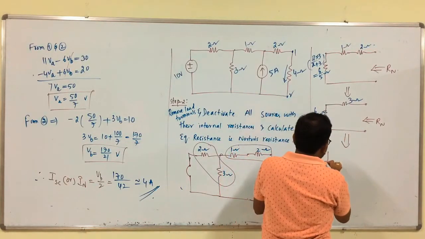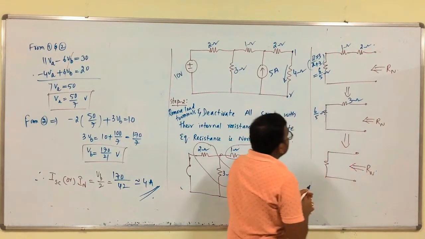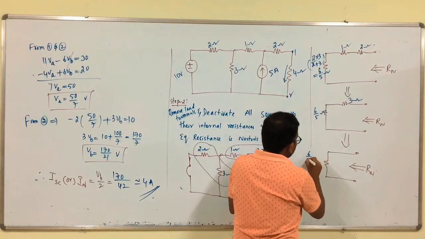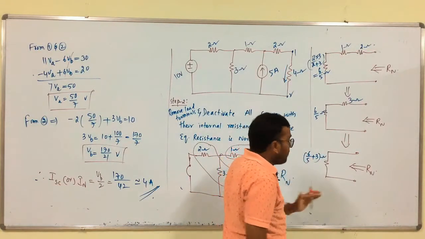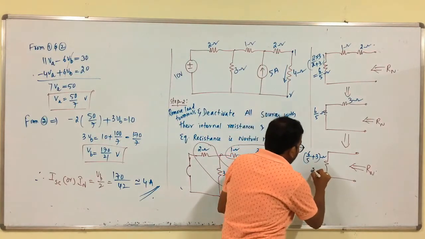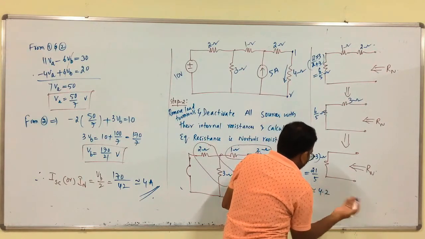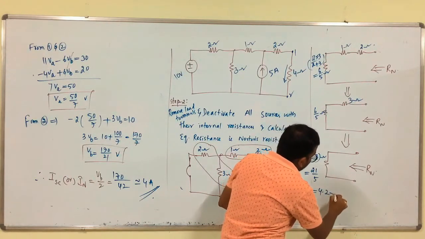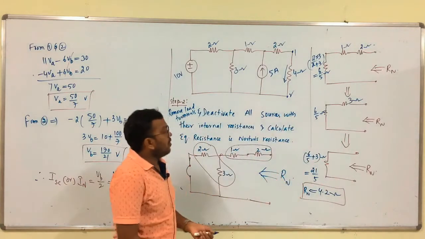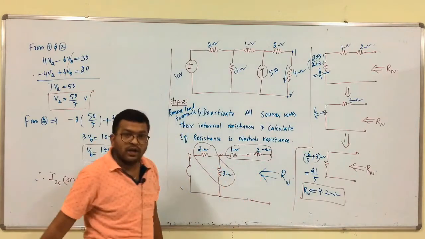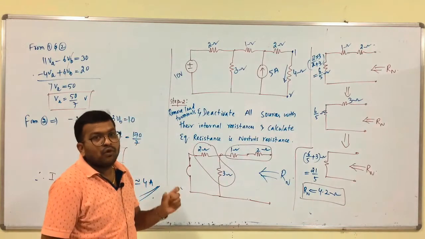Simply we have R n, this is 6 by 5 plus 3. What is the value? That is 15 plus 6 by 5, that is 21 by 5, which is equal to 4.2 ohms, that is R n. So, this is the value of the equivalent resistance of this circuit, that is 4.2 ohms.